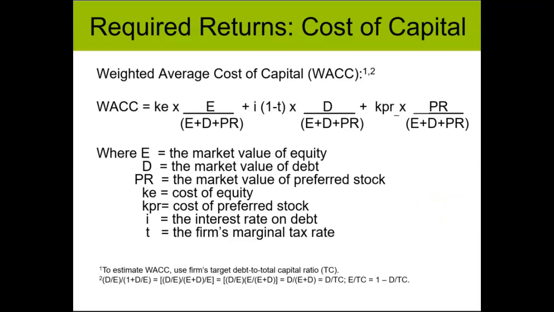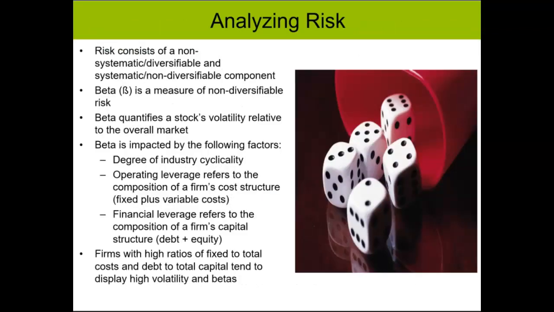Now let's discuss how to analyze risk. Now that we know how to do the required return, let's talk about analyzing risk. So when we say risk, we have two types of risk: non-systematic and systematic risk.